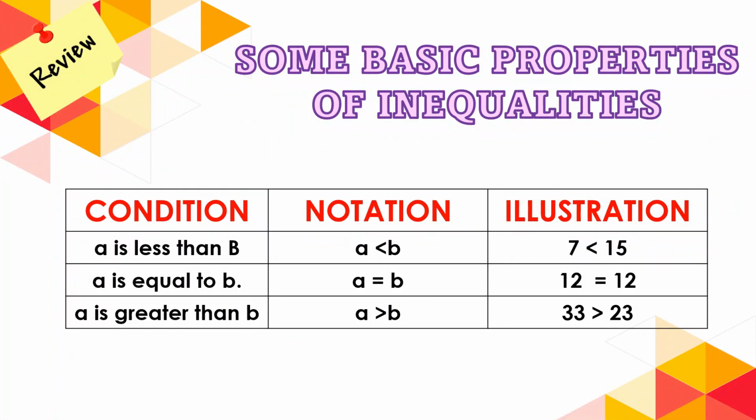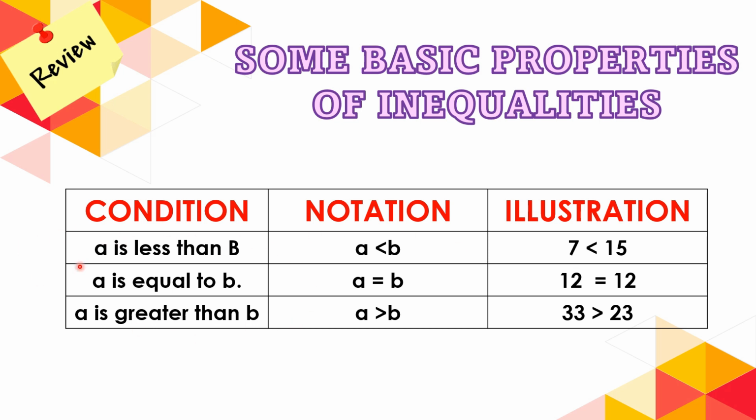Here are some basic properties of inequalities. So let's have these conditions and some of their illustrations. The first one, A is less than B. So the notation will be A is less than B. Example, 7 is less than 15.